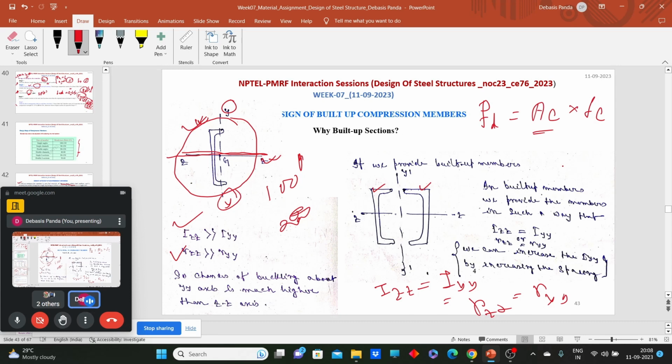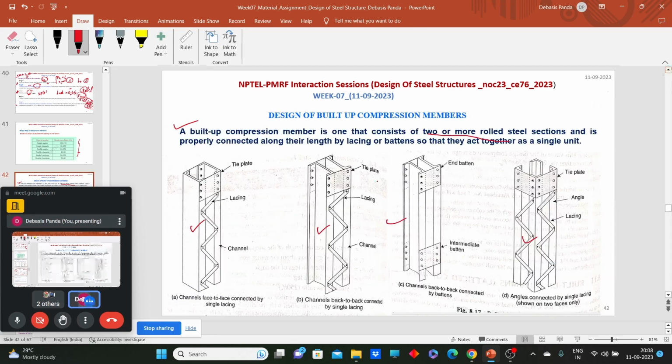Okay. So now you can understand why these kinds of sections are provided. Like here, two channel sections are placed toe to toe and they are connected using lacing. Here you can see two channel sections placed back to back and connected with lacing. Here two channel sections are provided back to back and connected with batten.